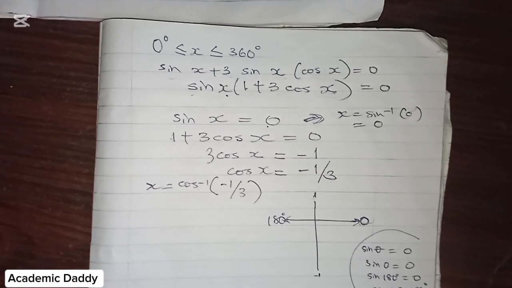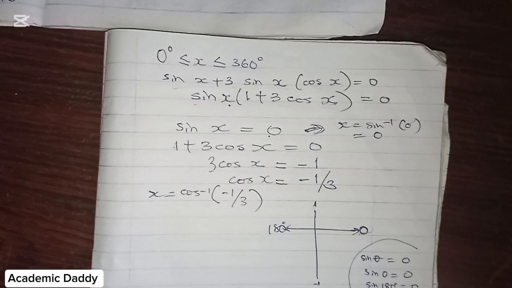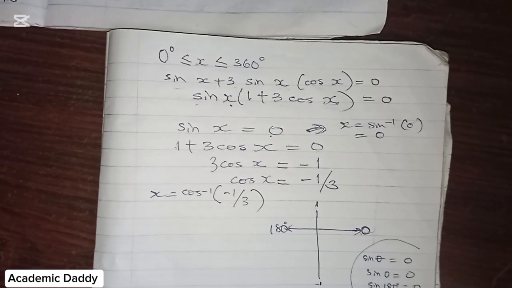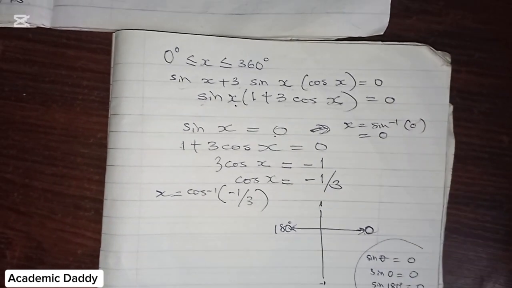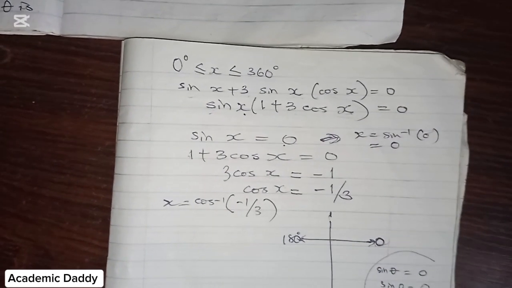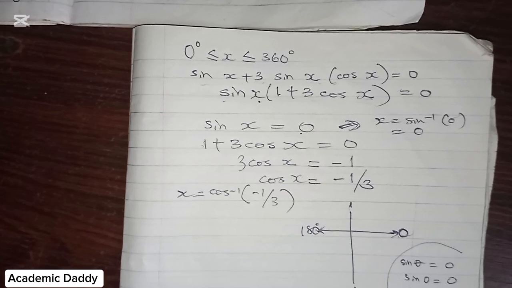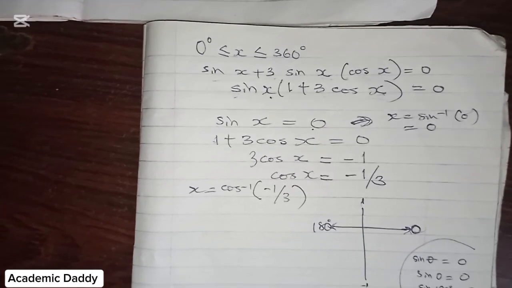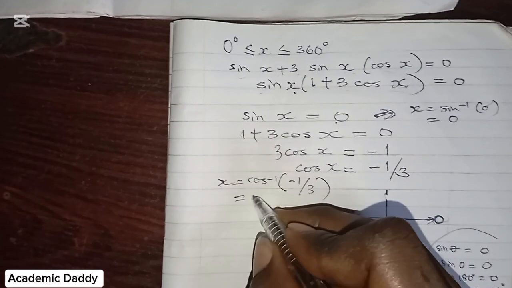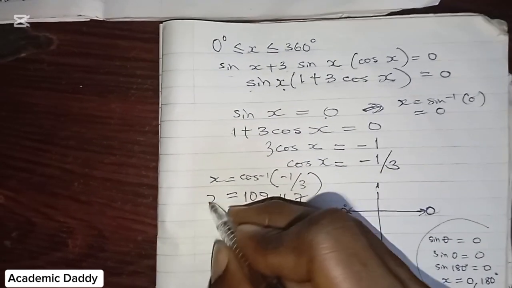So now for cos inverse of minus 1 over 3, you get 109.47 for x.